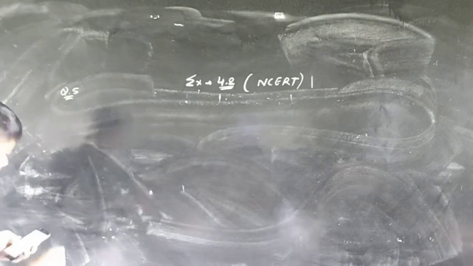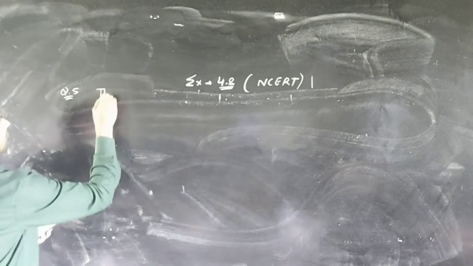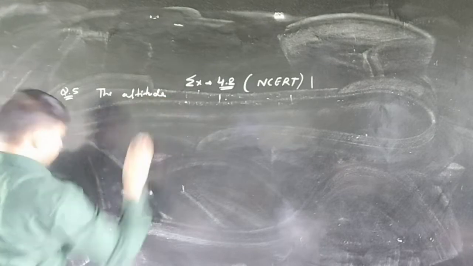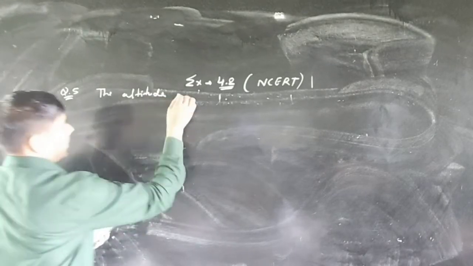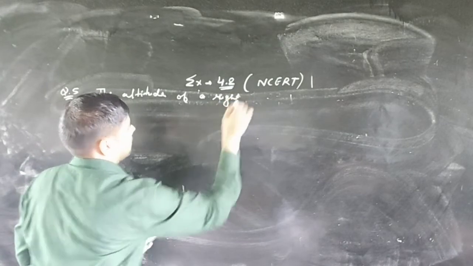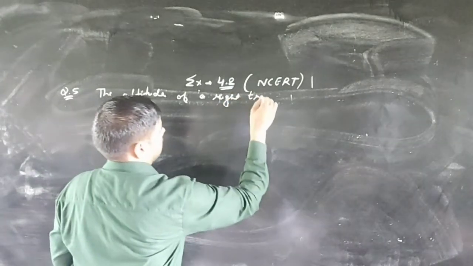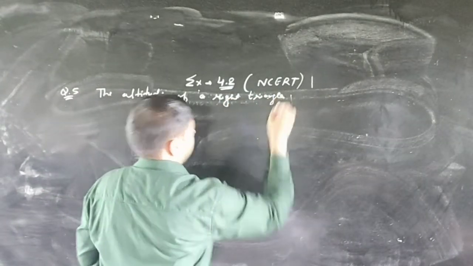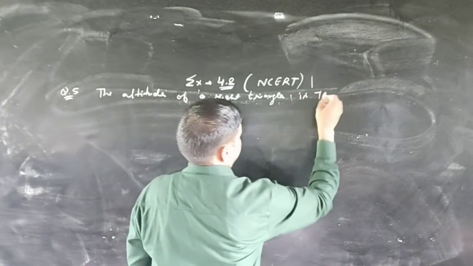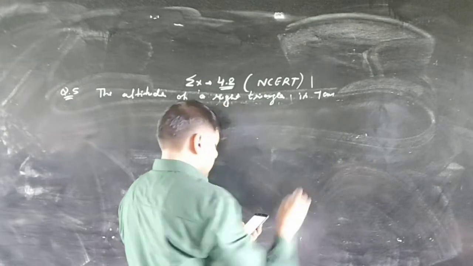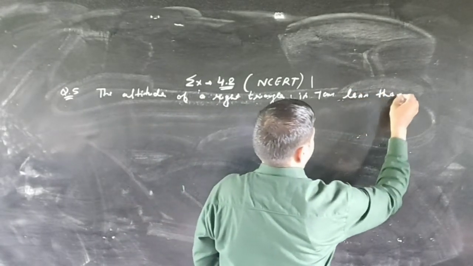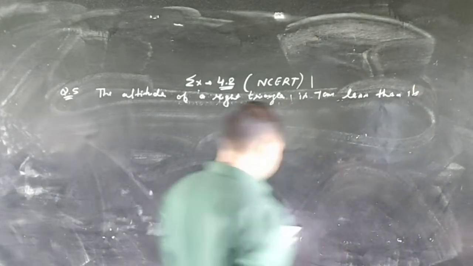In this question, the altitude of a right triangle is 7 centimeter less than its base.